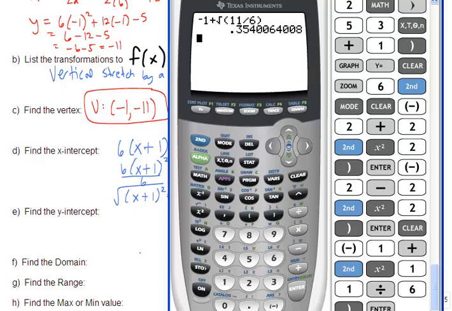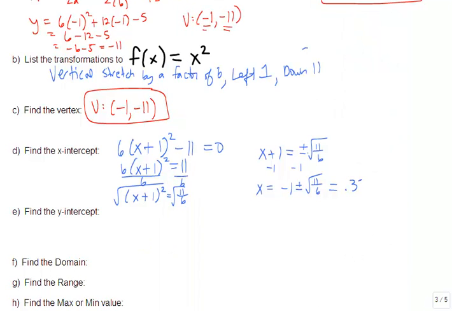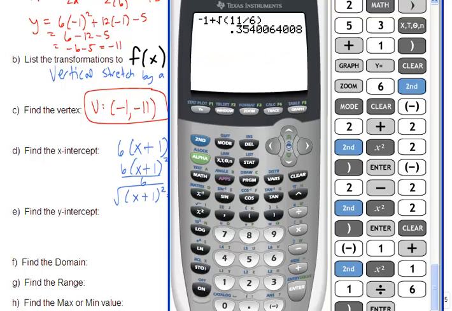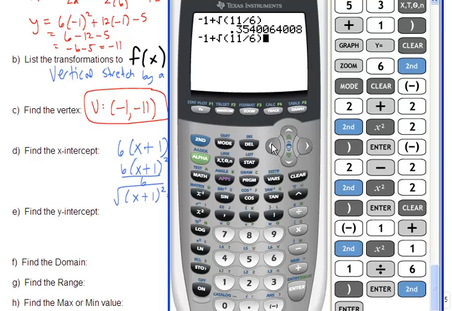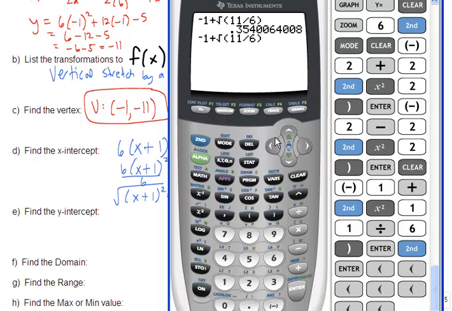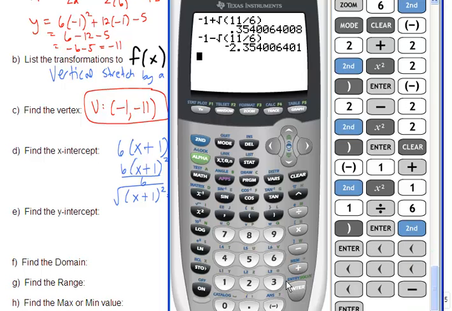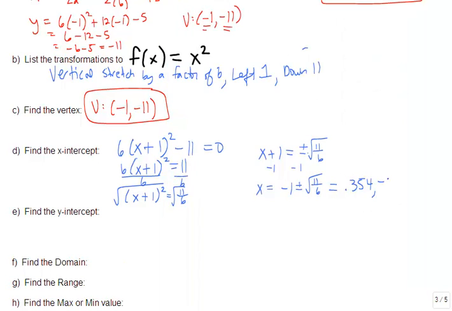So 0.354 is the positive square root. And then here's a trick that you can do. If you notice in blue here, it says entry. So if I do second enter, it's going to give me back exactly what I just typed in. And if I arrow backwards, I can change that plus to a minus. And that's a quick way to get your other case. So negative 2.354. So those are my two x-intercepts.